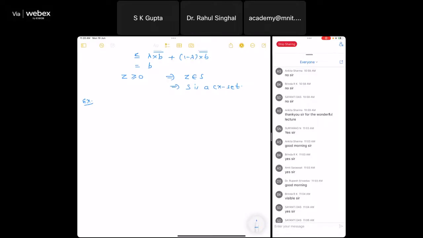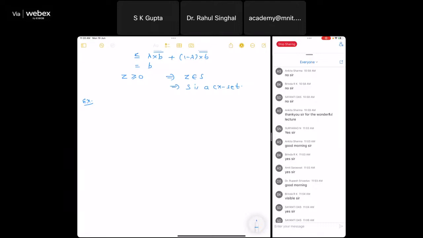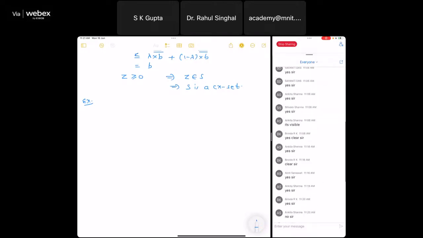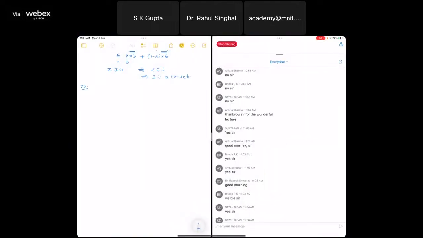Professor Gupta, many participants, I think they don't have any doubt. They are writing no, sir, clear, sir. No, they have not written anything. The last chat is 10:58 a.m. I think it's not updated in your system, because many participants are writing no doubt, sir. I am not able to see it. You can go to the WebEx platform again and see the chat box.